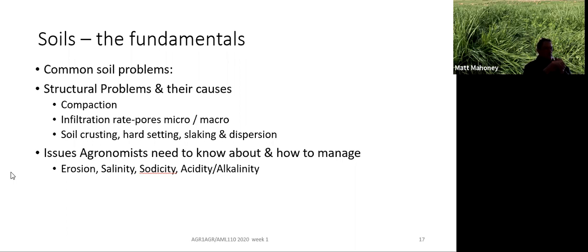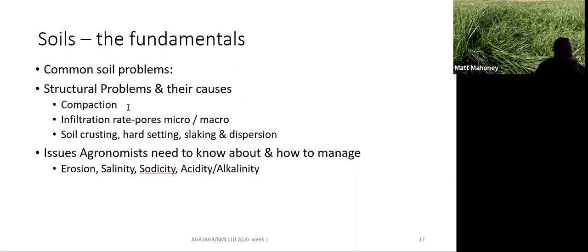Not only may we come across them, but we could be brought into areas where, due to different practices or whatever it may be, someone else may have indirectly or directly caused these structural problems, or it could be natural. We'll go through some of these issues and discuss the implications for them.